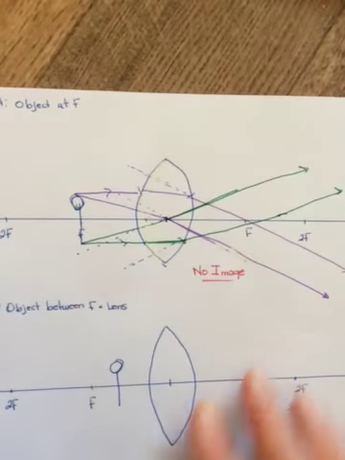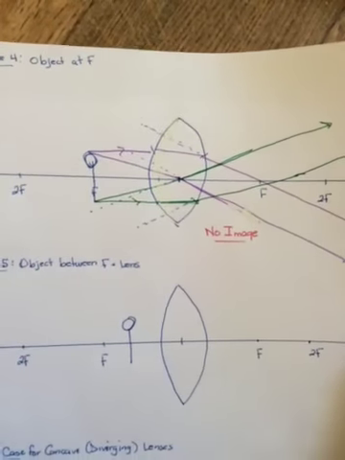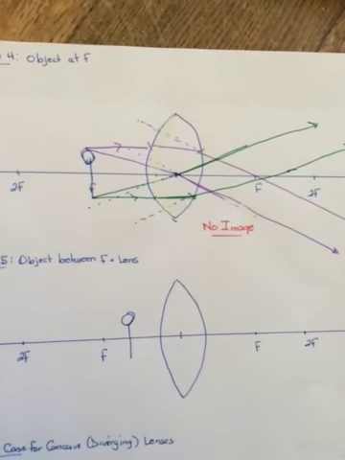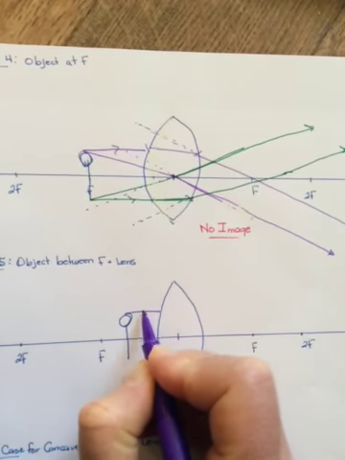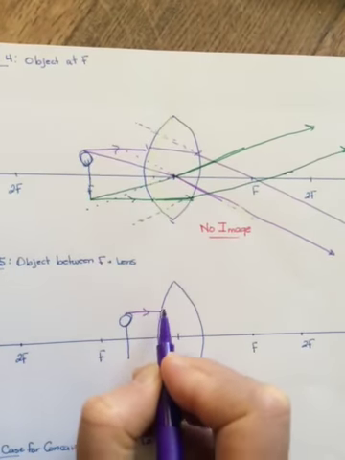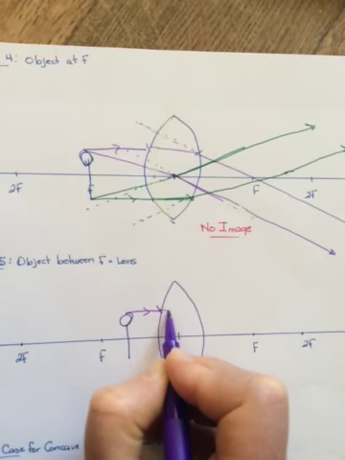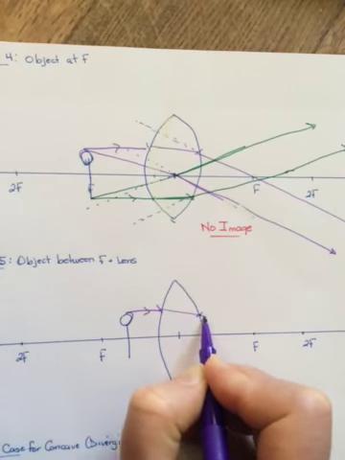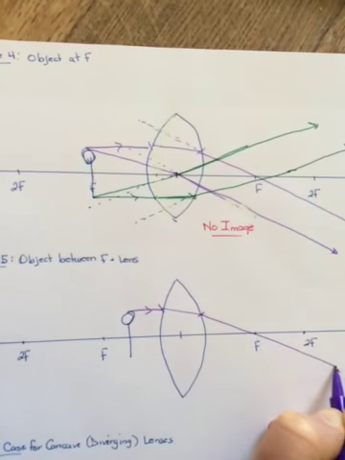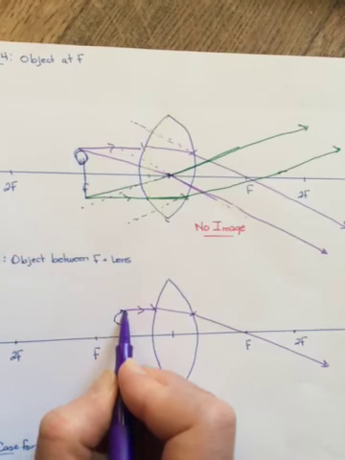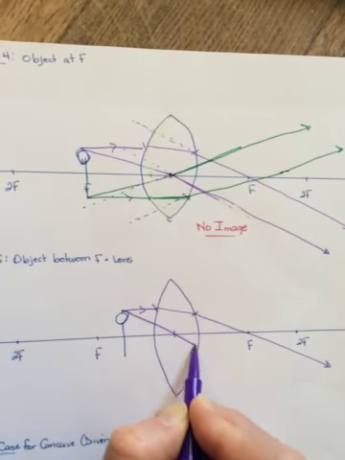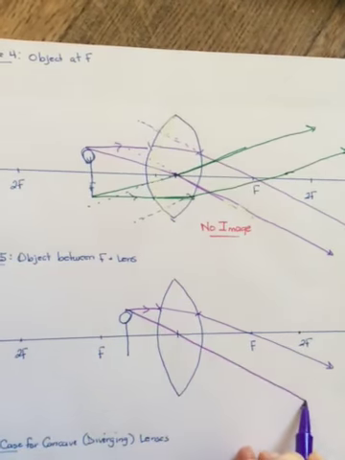All right, next case, the object between F and the lens. So here's my object from the top. A ray going in parallel to the principal axis is going to get refracted in such a way as it's going to go through F on the opposite side. And then a ray going in through the optical center is going to go straight through.